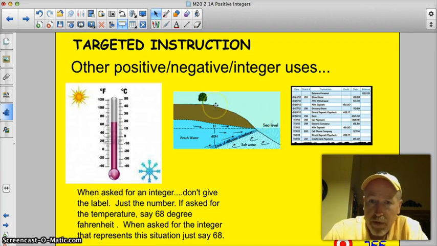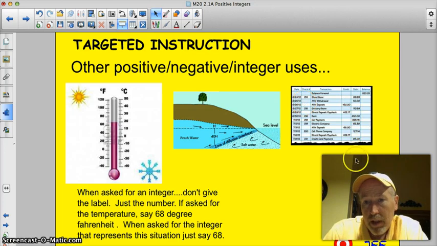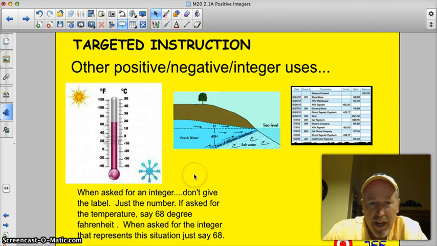Something may be 250 feet above sea level or 250 feet below sea level. And when you talk about money and balancing your bank statement or your checkbook, hopefully that's a positive number. If you found that it's a negative number, you better run and put some money in there pretty fast.